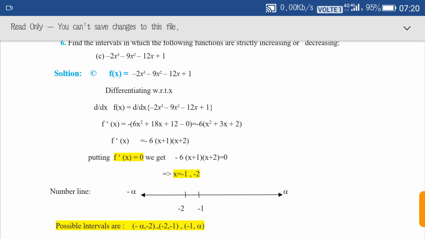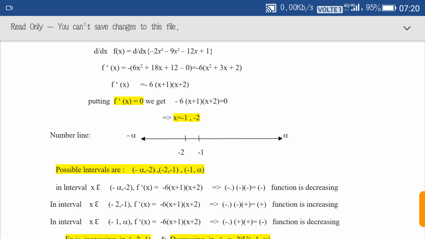Now the next step is put f dash x is equal to 0, we get minus 6 (x plus 1)(x plus 2) is equal to 0. Solving it, we get two values of x: x is equal to minus 1 and x is equal to minus 2. Now take a number line and represent these two values of x on the number line systematically.